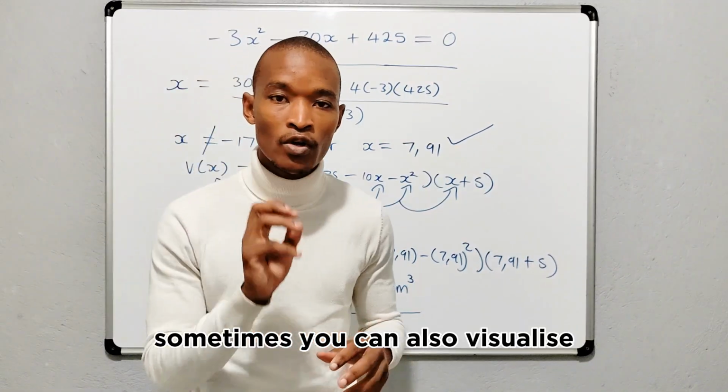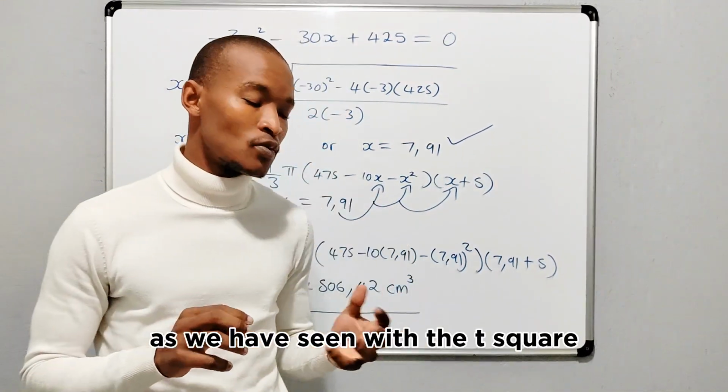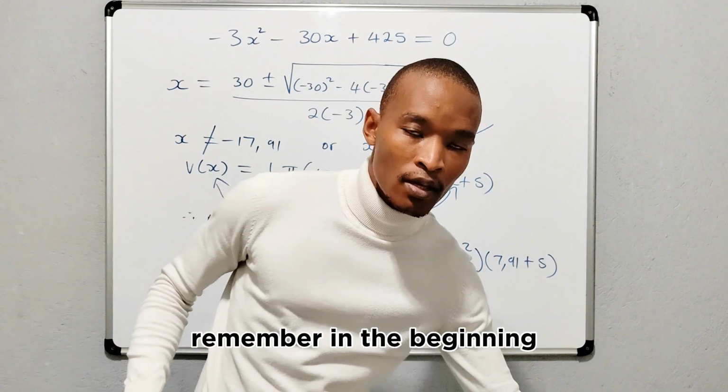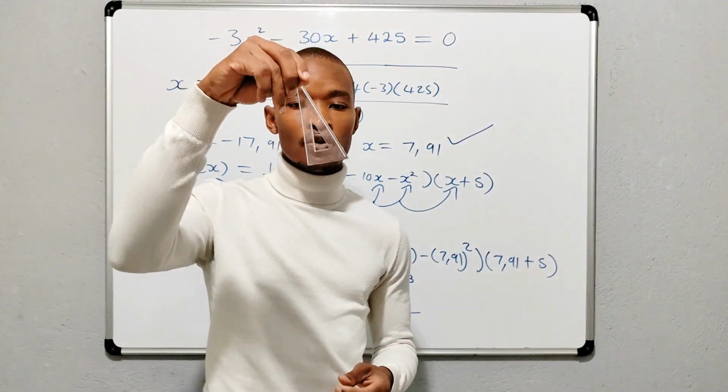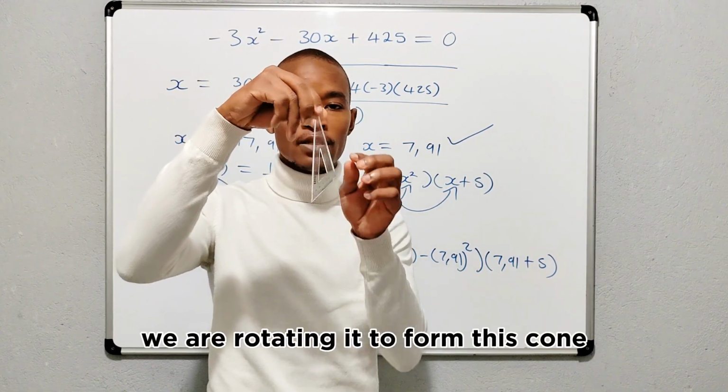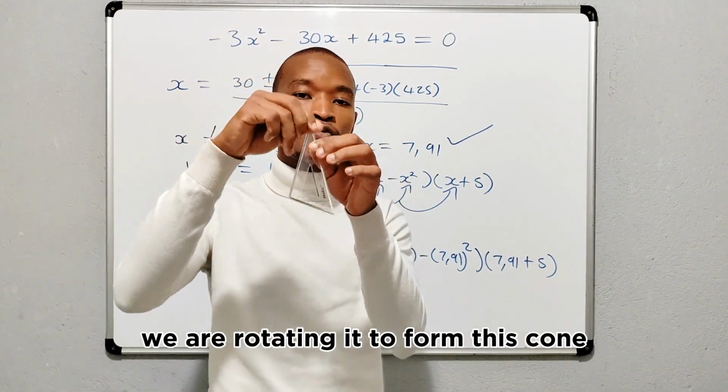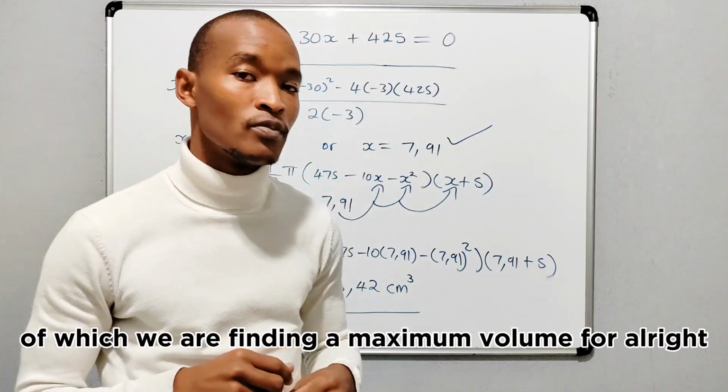Sometimes you can also visualize, as we have seen with the t-square. Remember in the beginning, I showed you with the ruler. It's a mathematical instrument, and that's what we're doing. We are rotating it to form this cone of which we are finding the maximum volume.